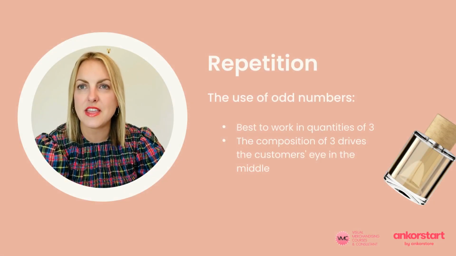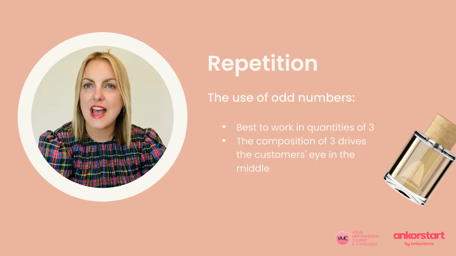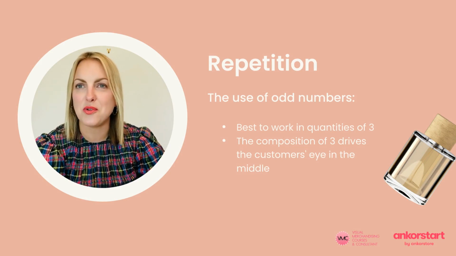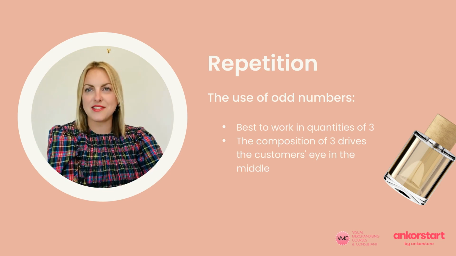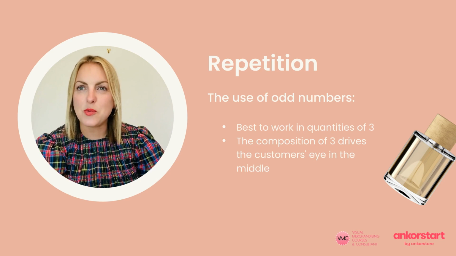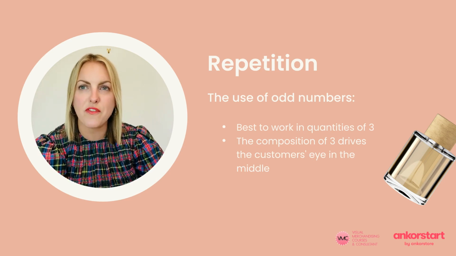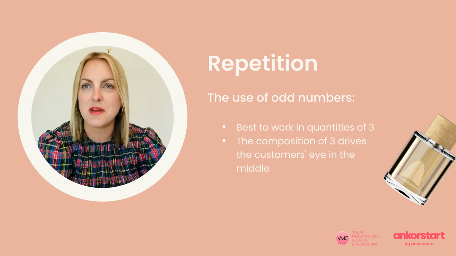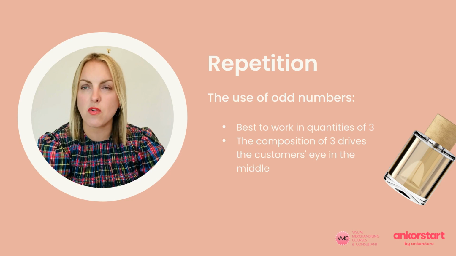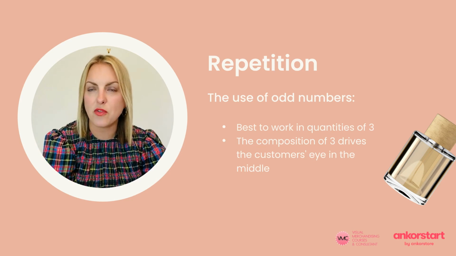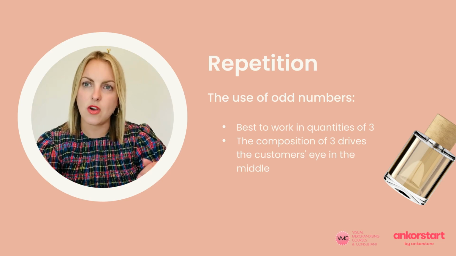Repetition is the use of odd quantities of product and mannequins or graphics in the window. Typically we work with quantities of 3, and we work with 3s because we always create a central focal point for the eye of the customer, and the point in the middle helps to frame our eye onto the central focal point, which then frames the eye either side.